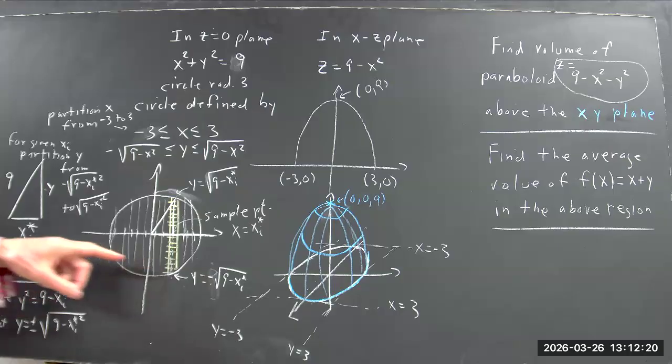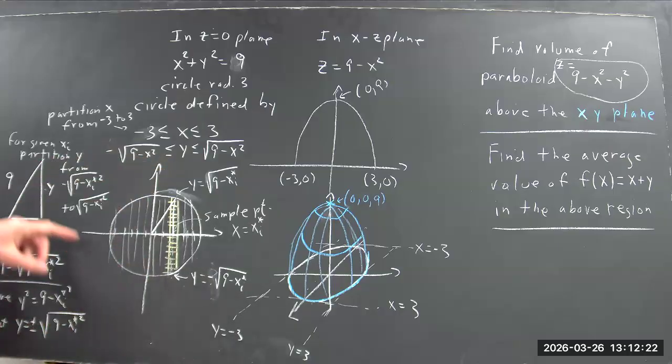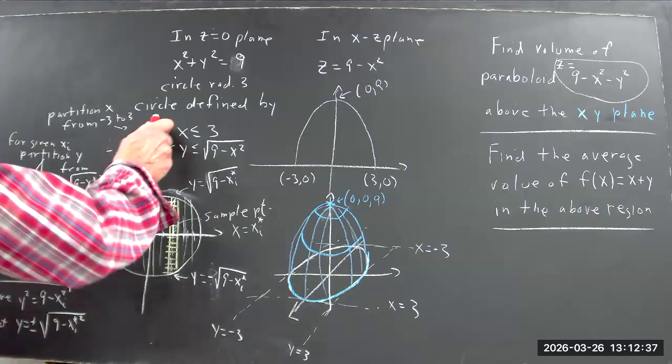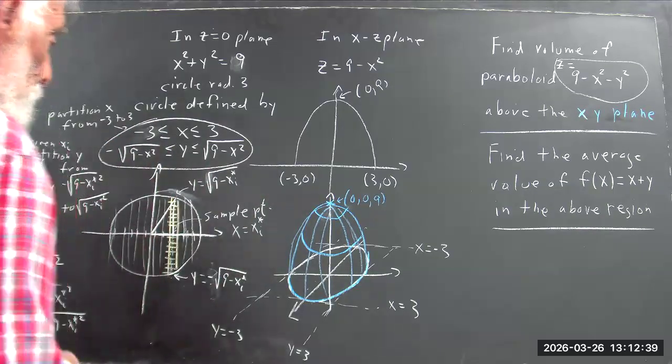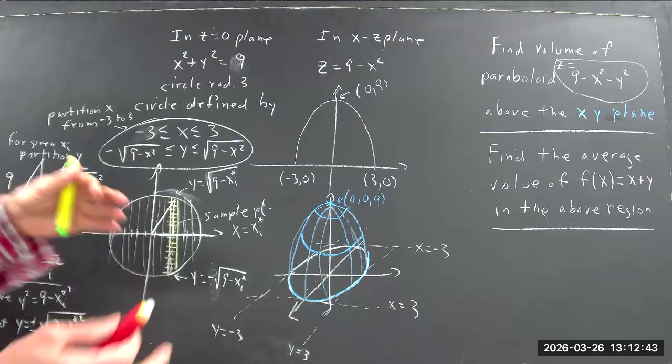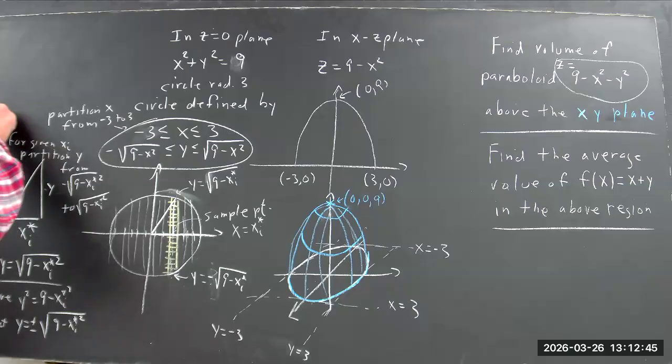And the partition is going to go not from -3 to 3. It goes from negative square root of 9 minus xi star squared to the square root of 9 minus xi star squared. Okay? That's what we're talking about. That's how you think through the limits of the integral. Now, your typical increment and all that, go back and see what I've said.